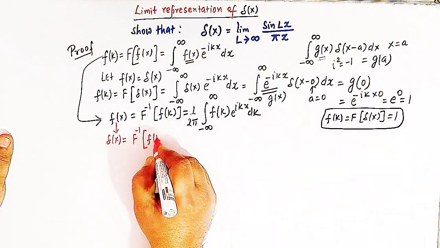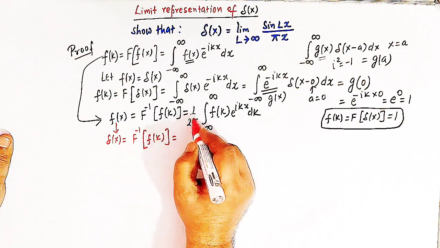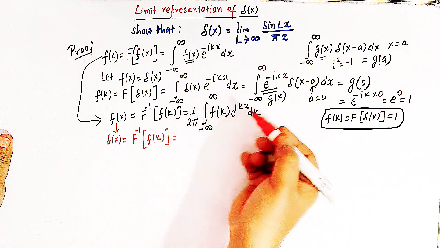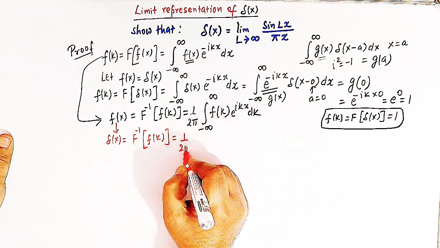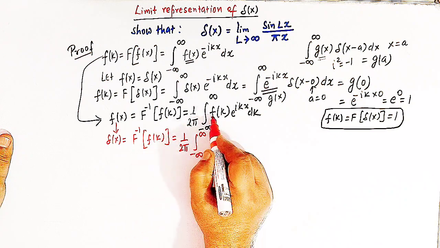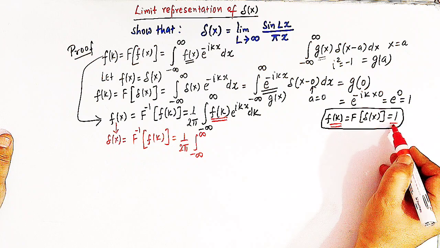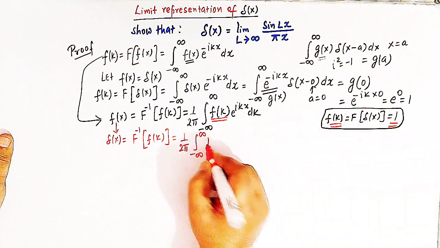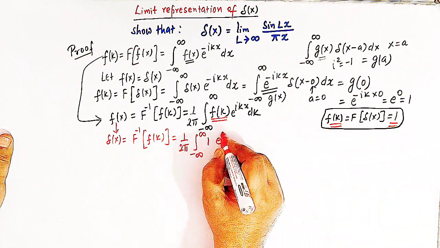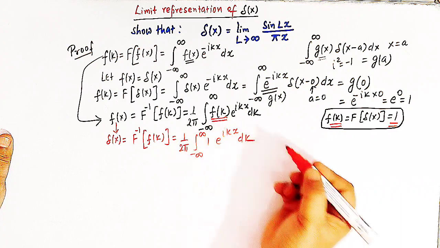And here we have the coefficient 1 over 2 pi, and then we have minus infinity to infinity, and F(k) is equal to 1. So here we'll write 1, and here we have e raised to i k x, and here we have dk, right?